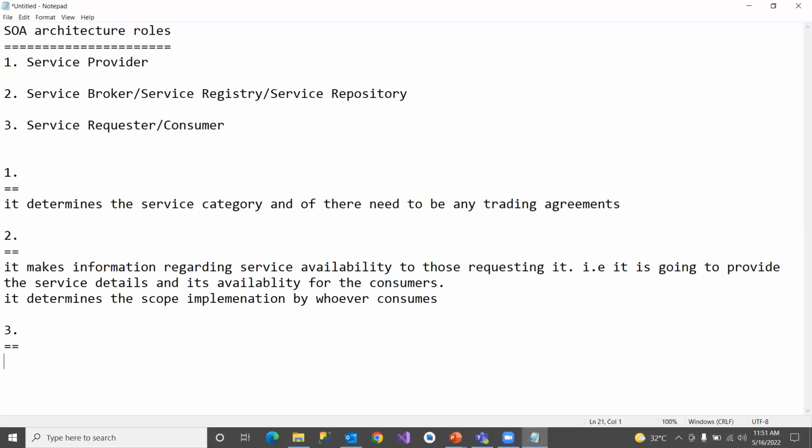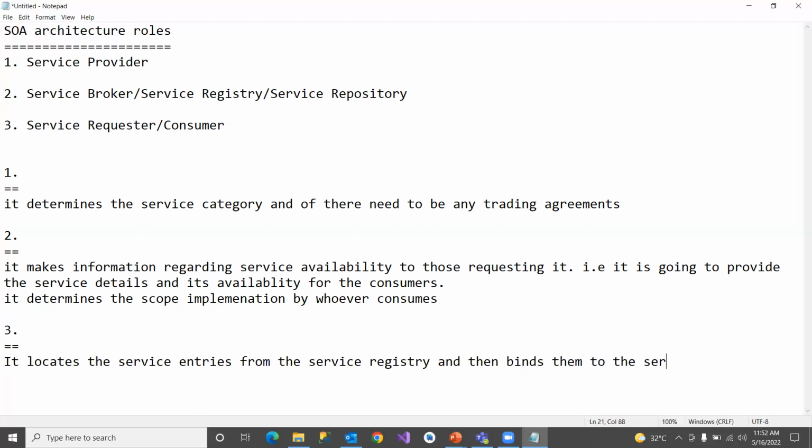That depends on the capability of the service requester, and based on that it fetches the service from the service registry.